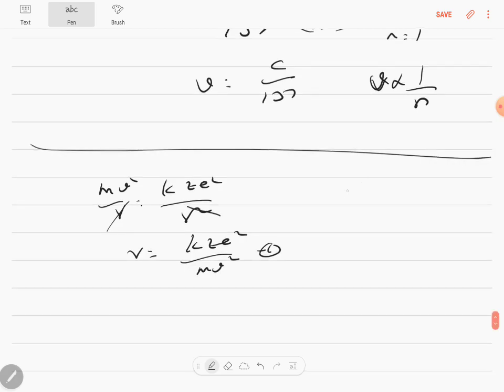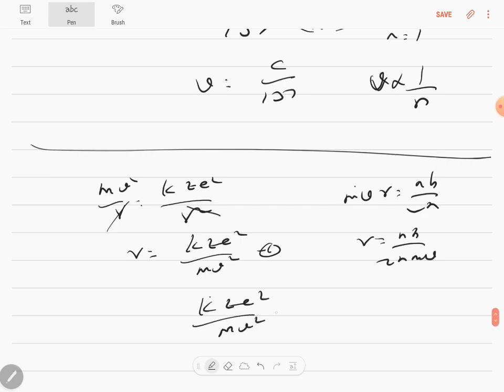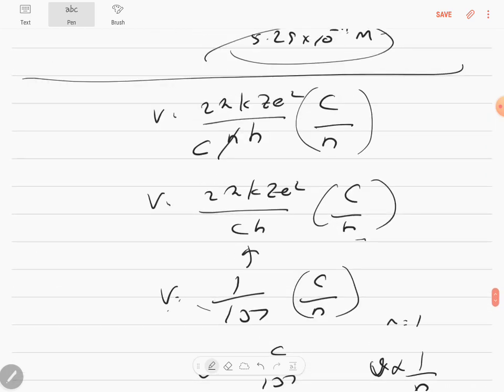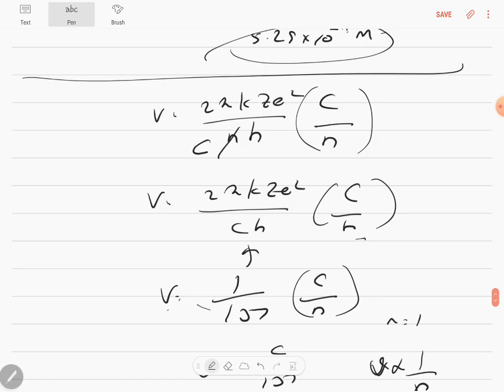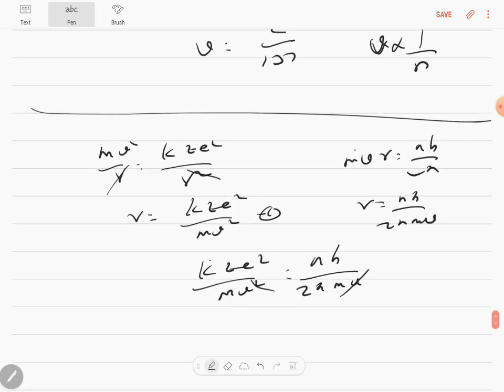Second equation is L is equal to nh by 2 pi, mv r is equal to nh by 2 pi. So r is equal to nh by 2 pi mv. Equating this and this, k z e square by mv square is equal to nh by 2 pi mv, and then quickly write what v is. Then multiplying and dividing by n, grouping the c by n, the rest of it is 1 by 137 into c by n. That's inversely proportional to n.